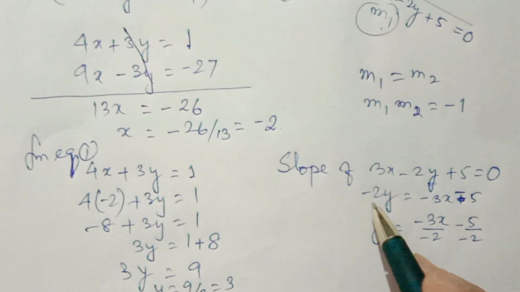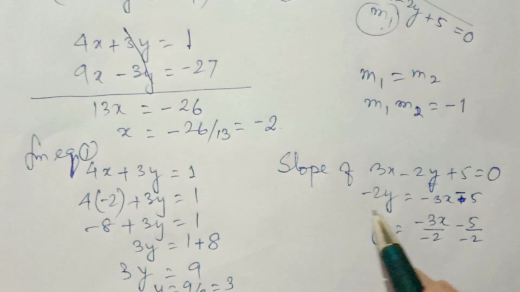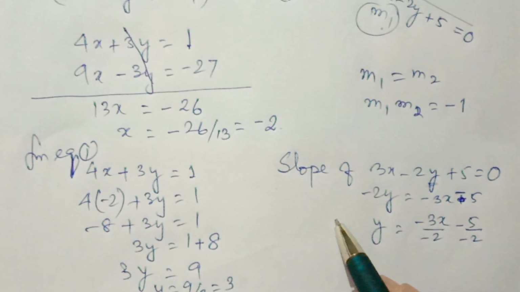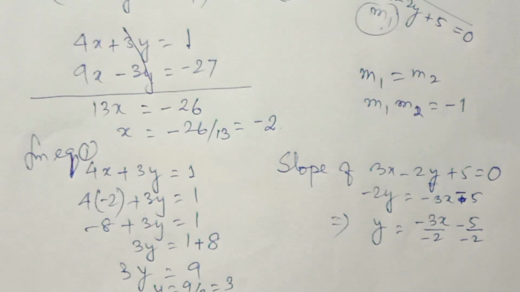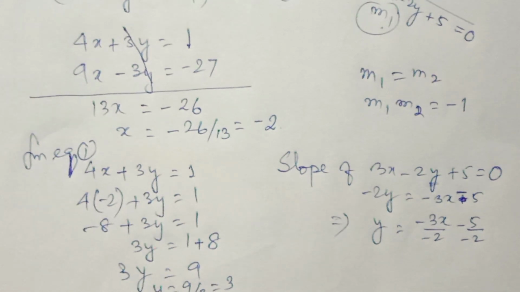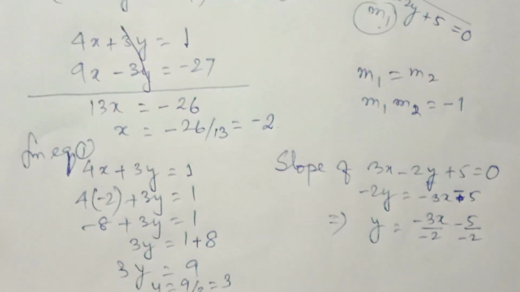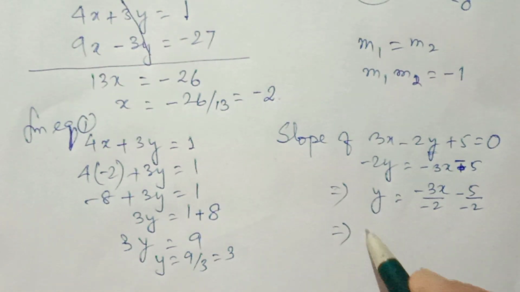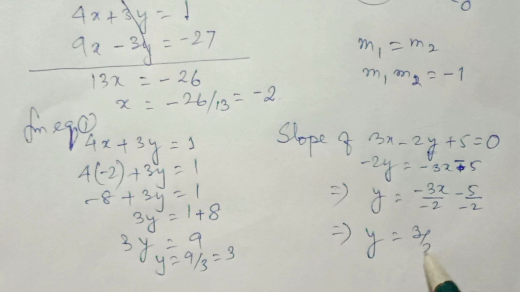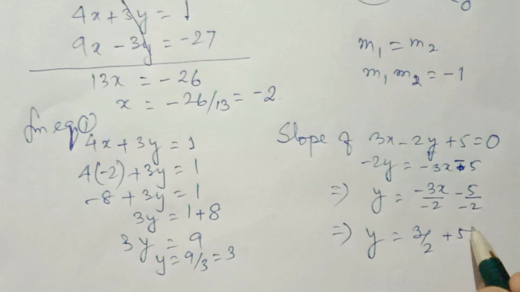That means this minus 2 will be divided, because you need to separate y. So remember, whenever the equation of a line is given, how to find the slope? By separating, by isolating y. Then what we are getting? 3 by 2 x plus 5 by 2.